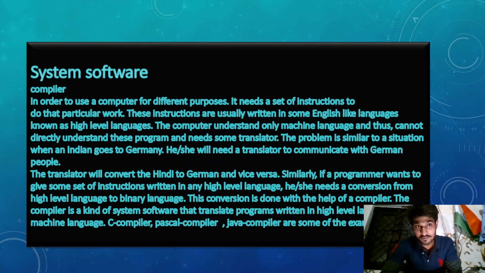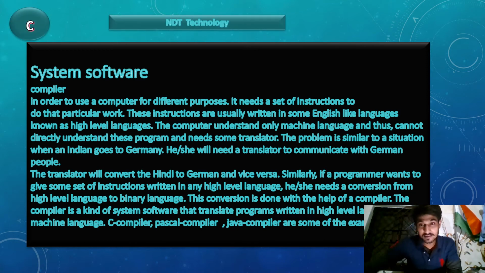Another example of system software is the compiler. So what is a compiler? Everybody generally knows what a compiler is, but I am going to explain a simple definition. A compiler is a kind of system software that translates a program written in a high level language to machine language.